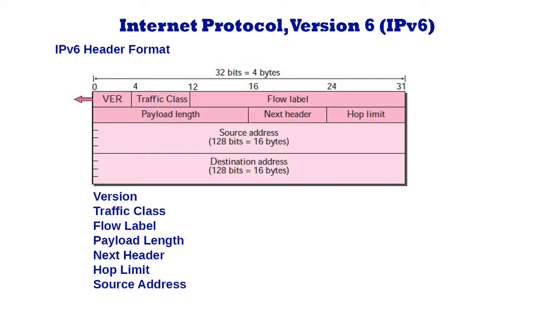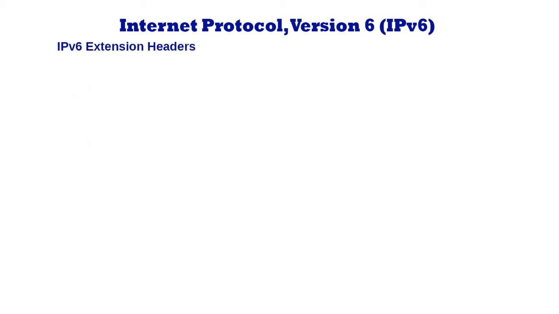Source address. Source address is the 128-bit address of the originator of the packet. Destination address. Destination address is the 128-bit address of the intended recipient of the packet. Now let us look at IPv6 extension headers.